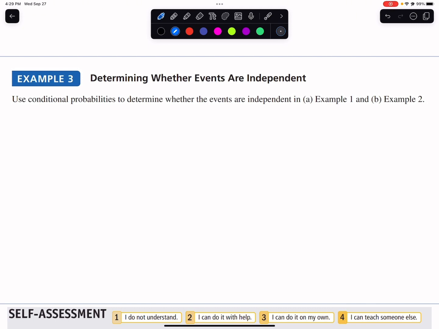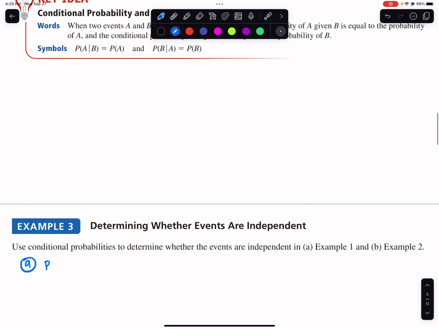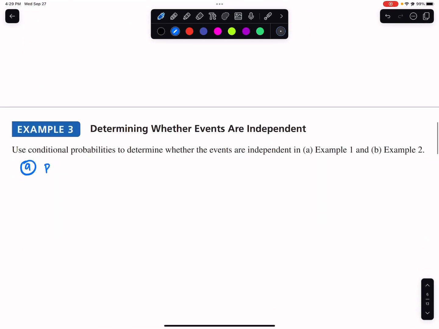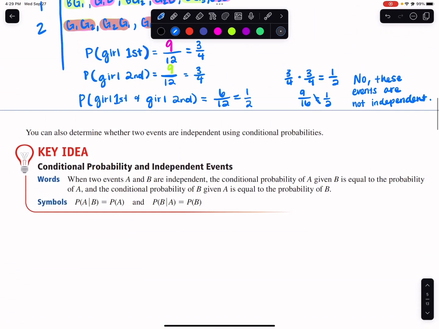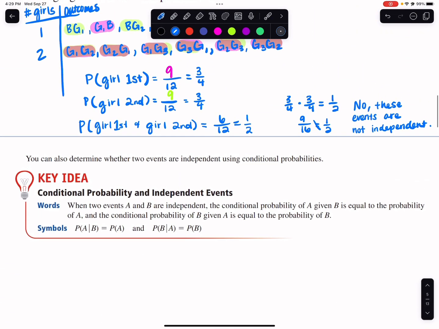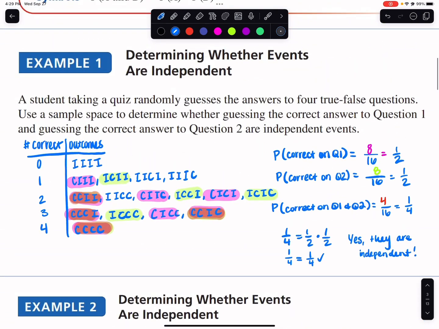So for part A, looking at example 1, we have to figure out, is the probability of A given B the same as the probability of B?